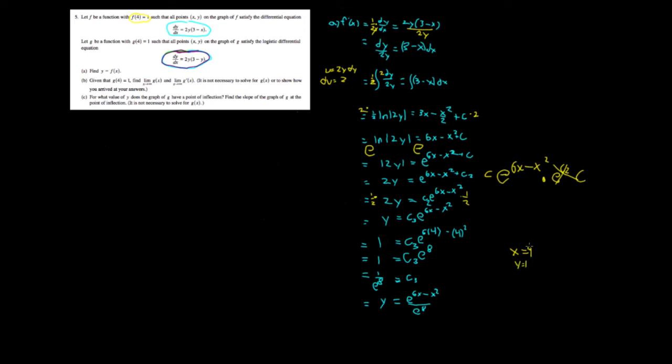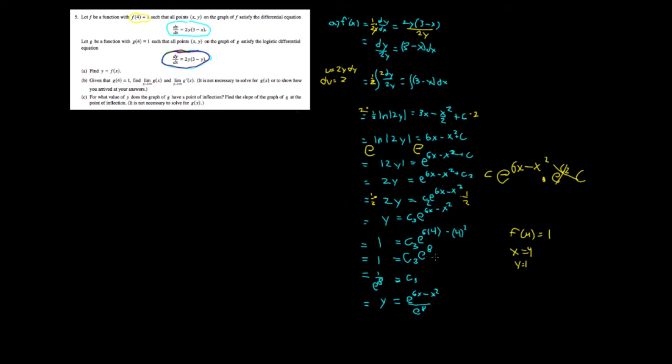And we know this because it gives us f of 4 equals 1. So once you plug those values back in there, you get 1 equals c3 times e to the 6 times 4 minus 4 squared, and that ends up giving you 1 equals c3 e to the 8.